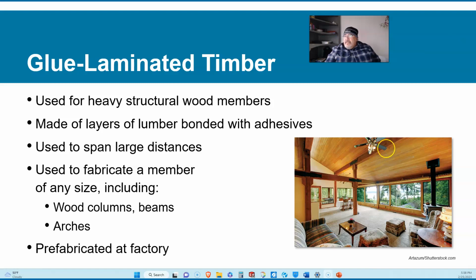You can use the pieces of many trees to form that piece. And you can fabricate any size: beams, columns, arches. They can have shapes to them, and they provide strength, and they're made in a factory setting.